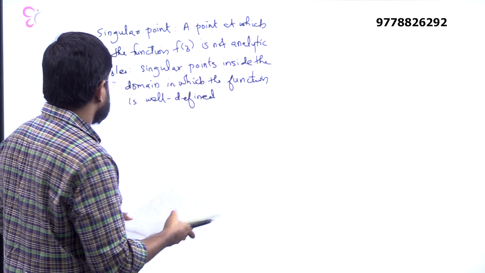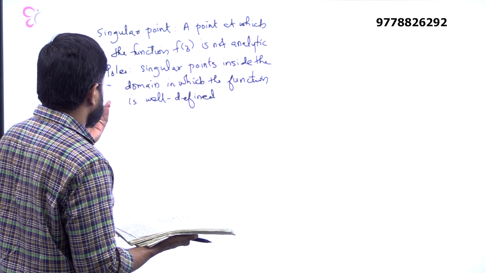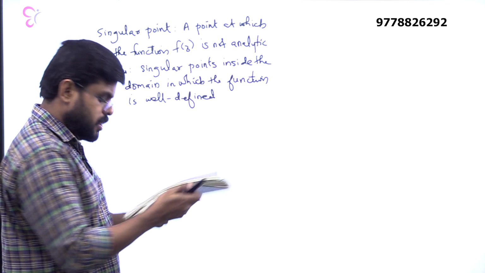Clear? So that is the difference between a singular point and poles. Is it clear?